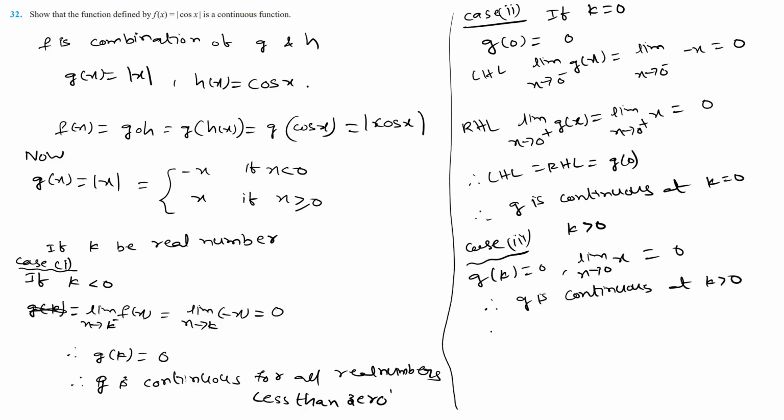So now we can say directly that g is a continuous function for all real numbers.